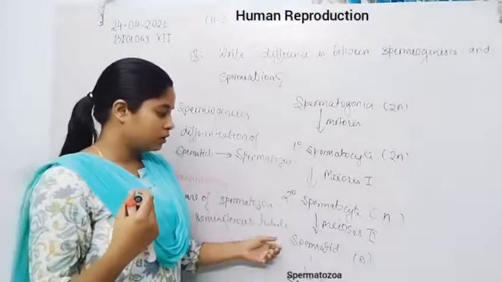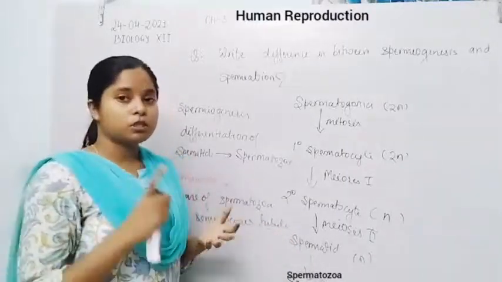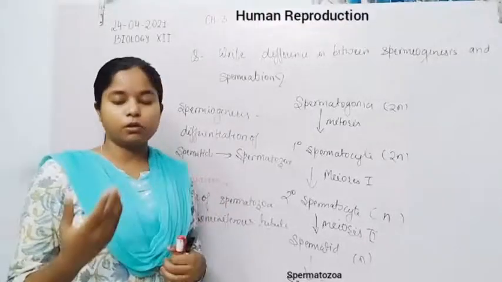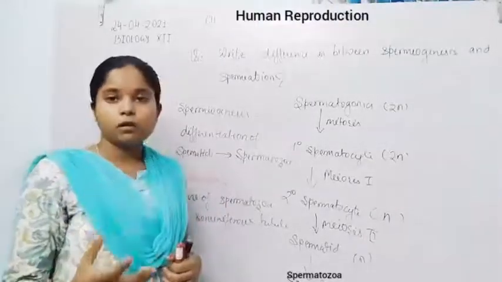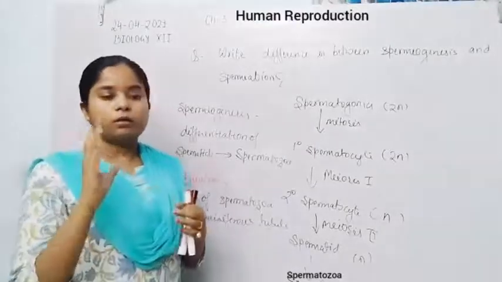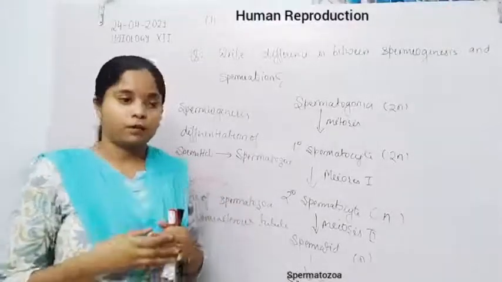Those structures are the flagella, formation of a larger number of mitochondria, and the nucleus also increases in size, and formation of the acrosome.